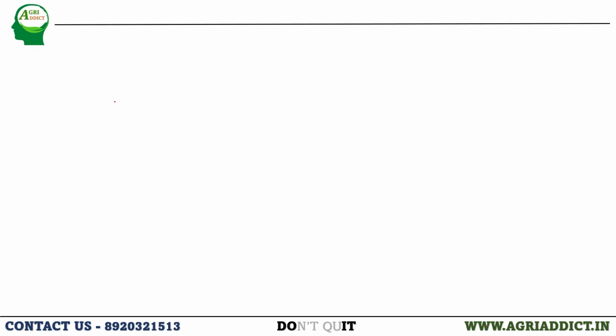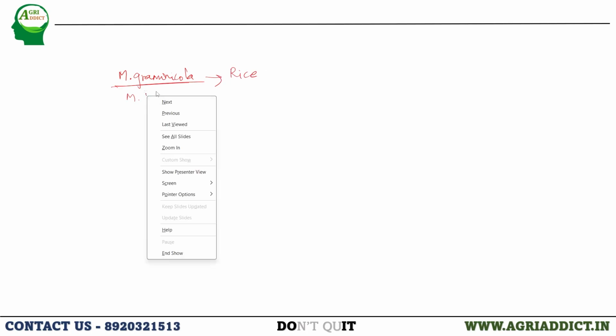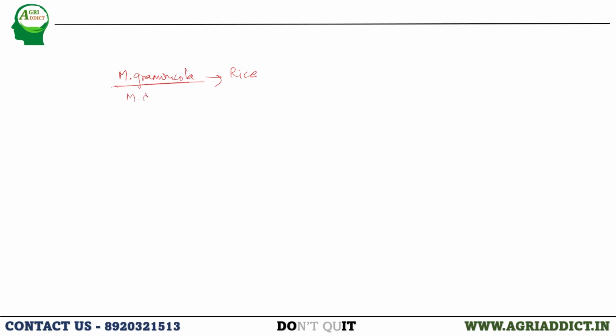Other than these four, there are some other root knot nematodes. Meloidogyne graminicola is specific to rice. Next, Meloidogyne arenaria is very serious in groundnut, mainly in Gujarat areas.